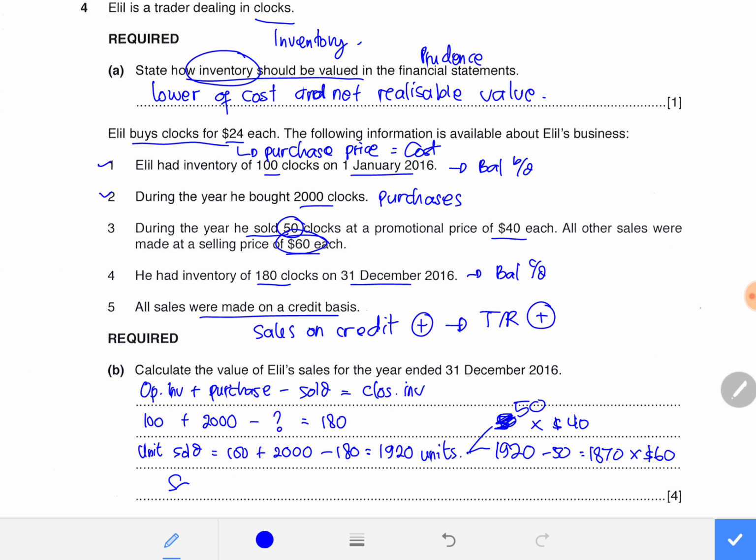So your sales is 50 times $40 plus 1,870 times 60, which is equal to 114,200. That's the answer.